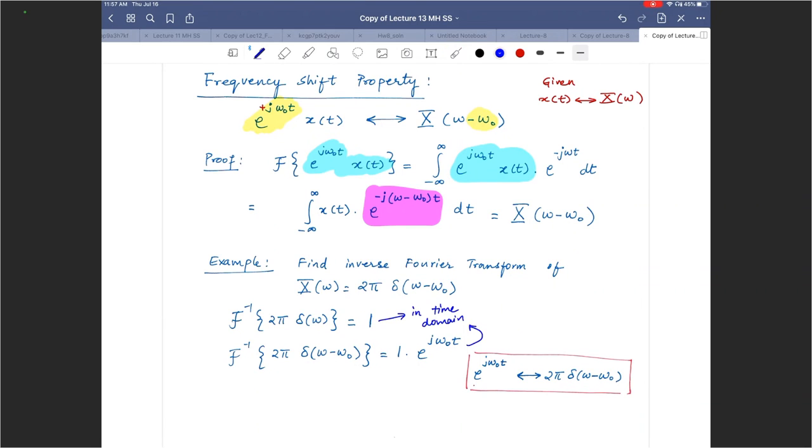So now we have another Fourier transform pair, e to the j omega naught t. The Fourier transform of that is 2 pi delta of omega minus omega naught. So the weight of this impulse in frequency is 2 pi, and that impulse is located at omega equals omega naught.